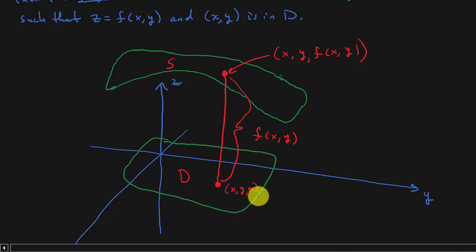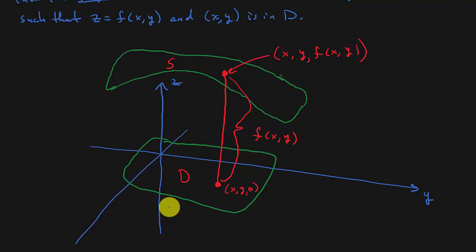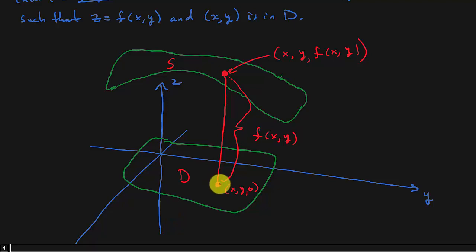And so basically what we have here is this point right here, and notice the point is xy 0. Okay, all these points on here, z is going to be 0 because it's laying on the xy plane. So in other words, the point in the domain here, it's going to have this elevation here, f of xy or z, and this is your surface up here.